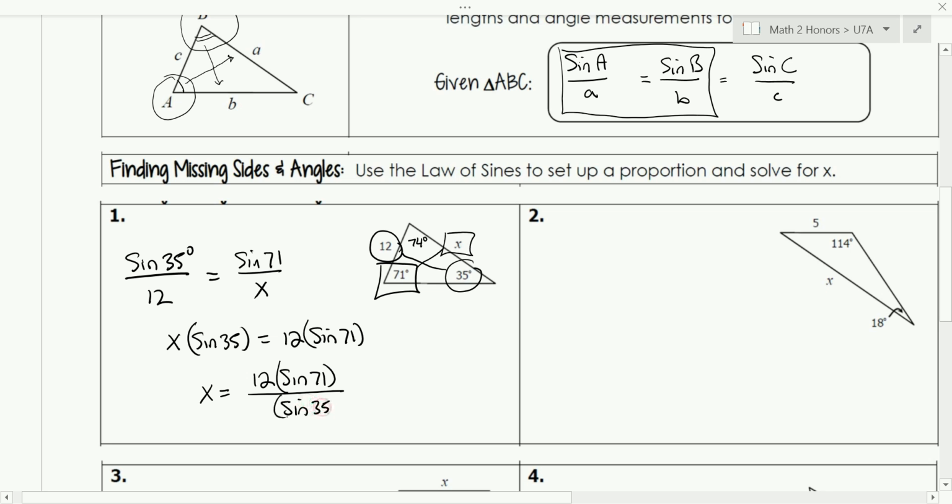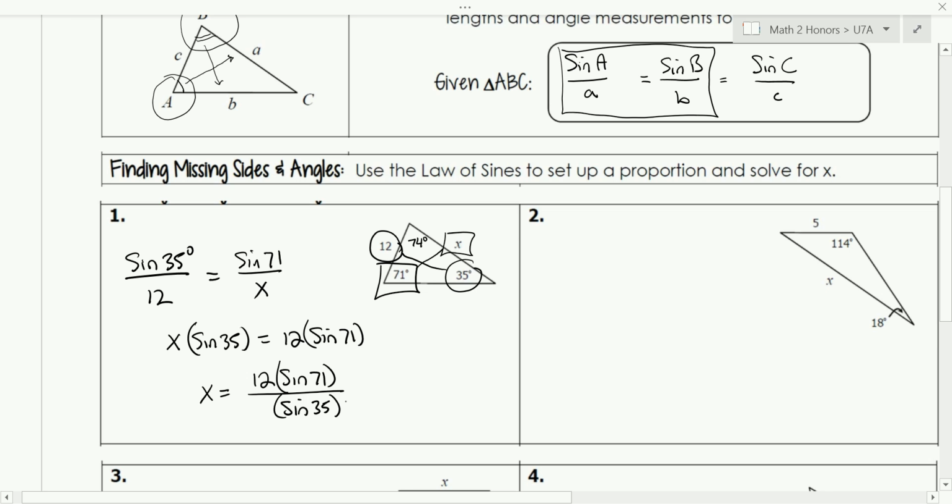All right, now let's talk about reducing that fraction. What can we do to reduce that fraction? Can I cancel out the sines? There's a sine here and a sine here. Can I just do that? Are you sure? Good.